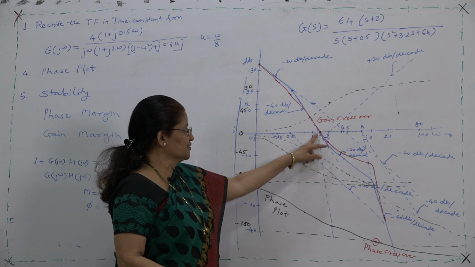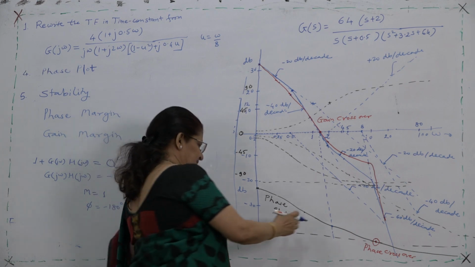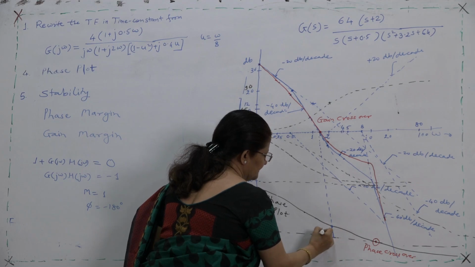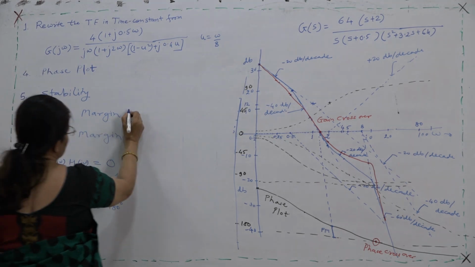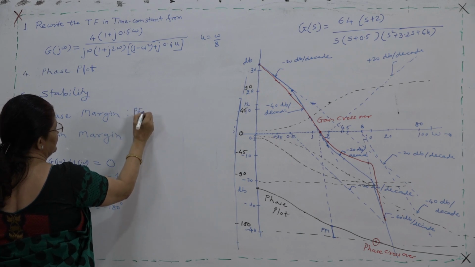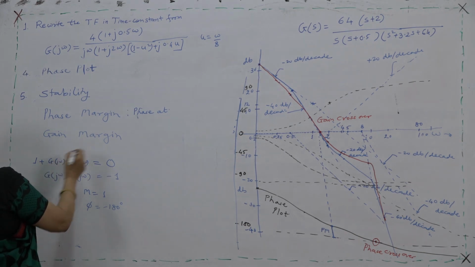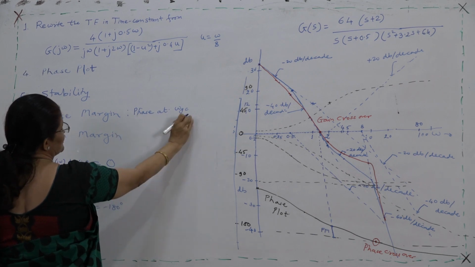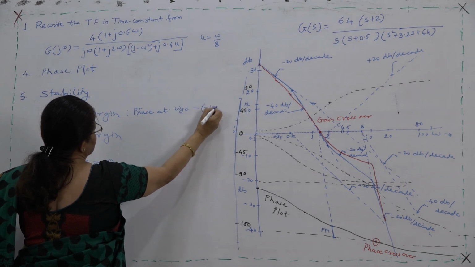At gain crossover frequency, whatever phase you find, minus 180 is your phase margin. So, phase margin is represented as the phase at gain crossover frequency, which we will represent as omega Gc, minus 180 degrees.